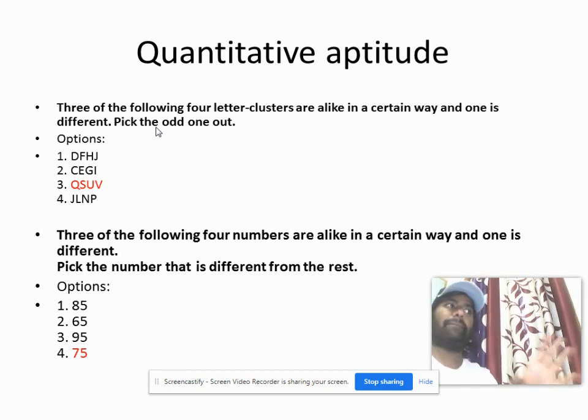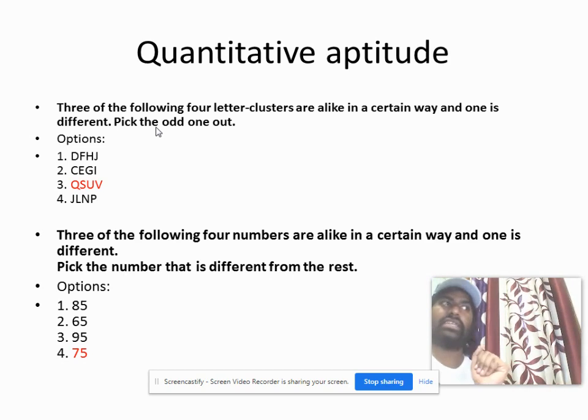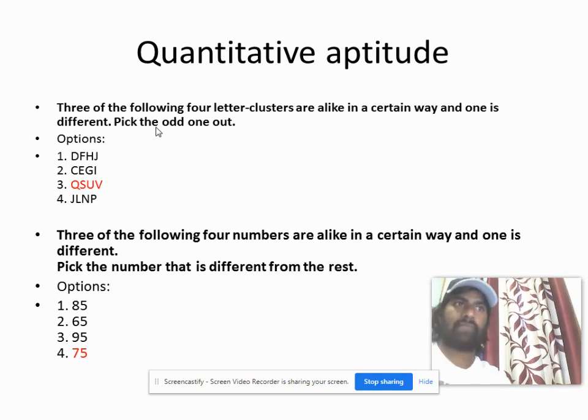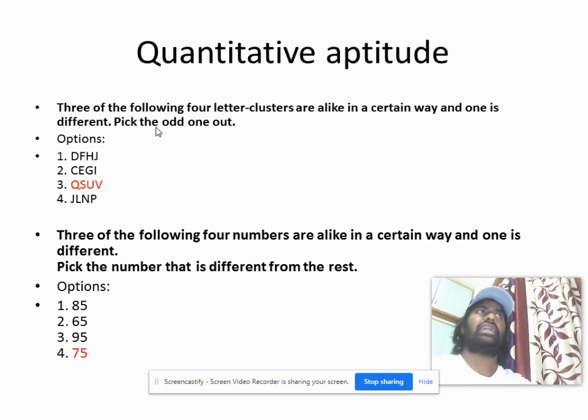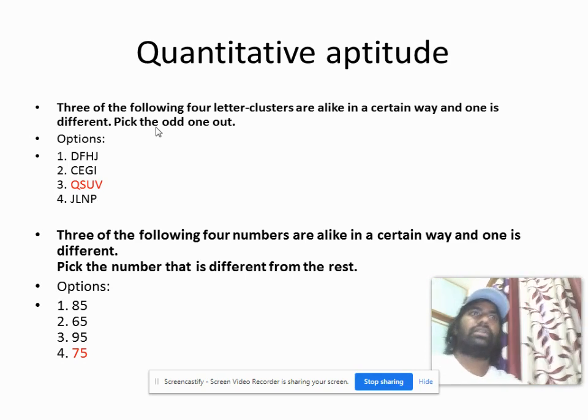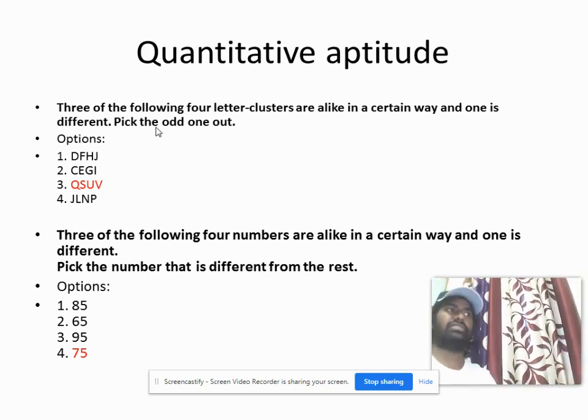Kindly know that part, because 85 is divisible by 17, 65 is divisible by 13, 95 is divisible by 19, and 75 is divisible by 15. The difference is prime number divisibility. 17, 13, and 19 are prime numbers. 15 is not a prime number. So 75 is the answer. 75 is divisible by 15, which is not a prime number. This is the answer which you need to know.